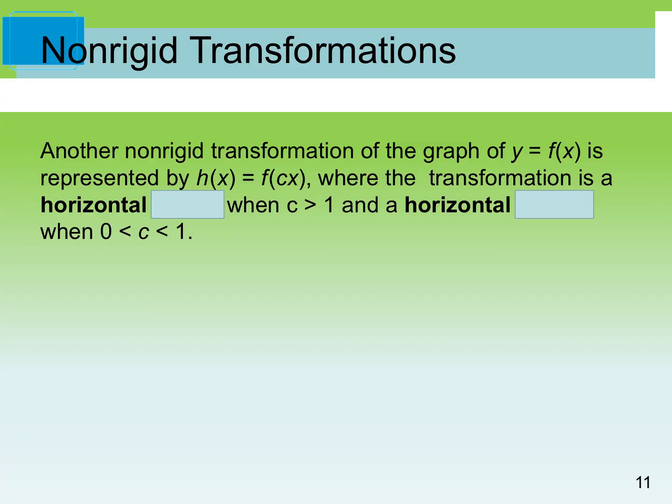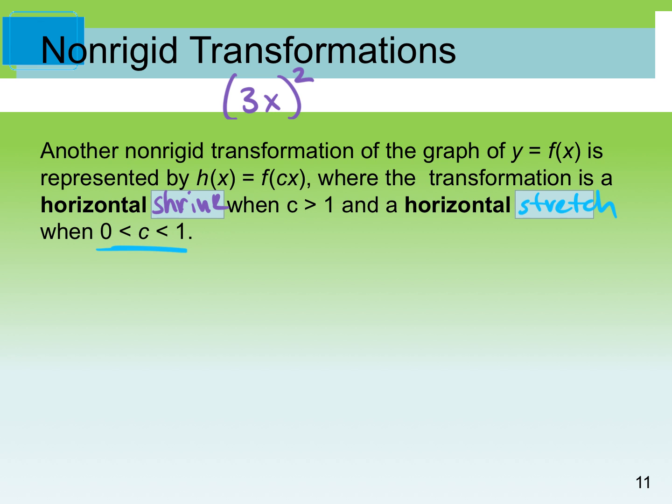It's the opposite when the constant's on the inside. So if I had something like 3x squared, meaning inside of our parent function, if it is greater than 1, it's a horizontal shrink. If it is in between 0 and 1, it would be a horizontal stretch.